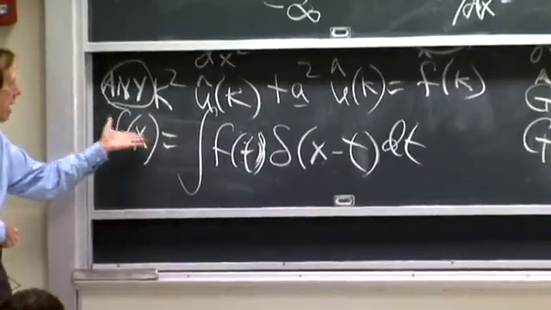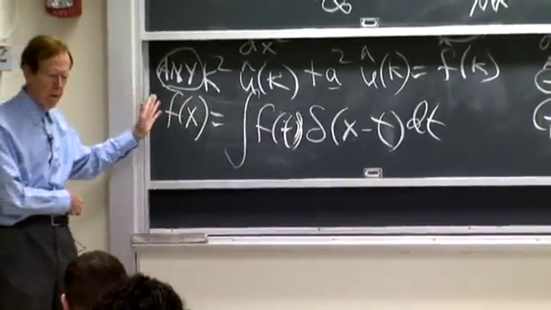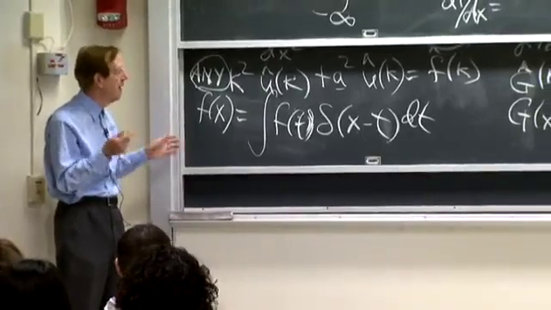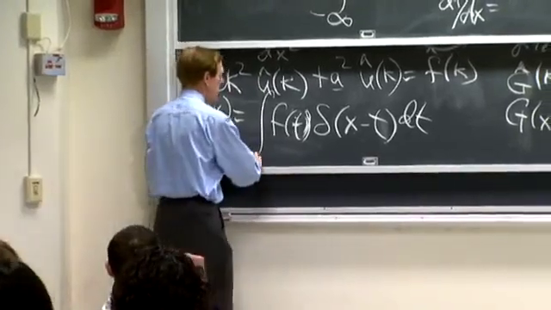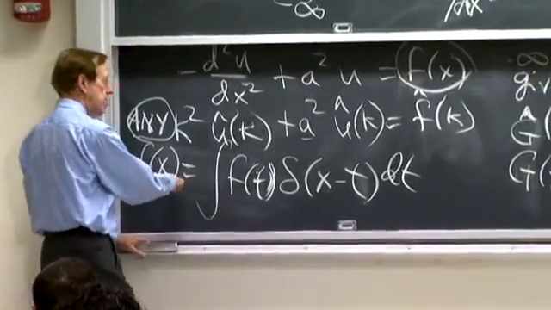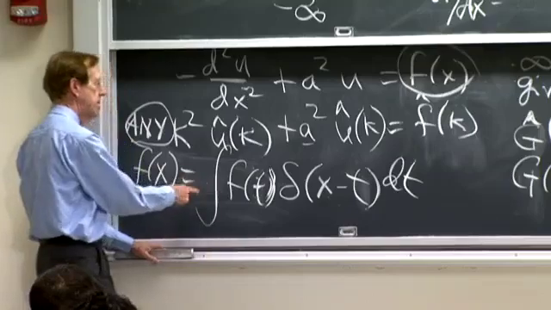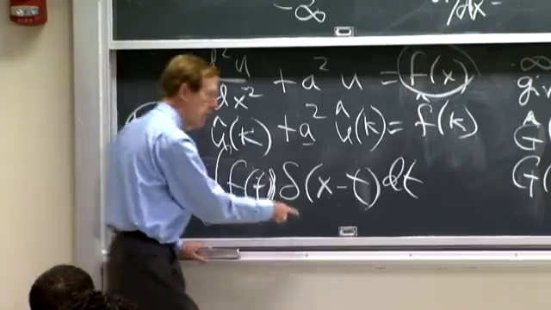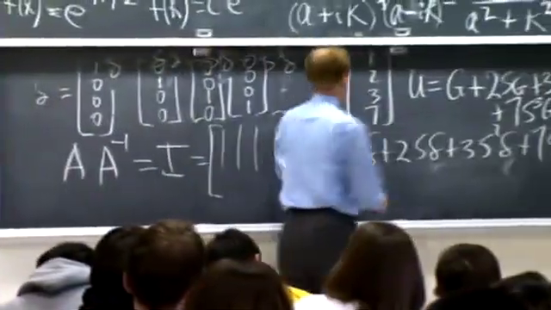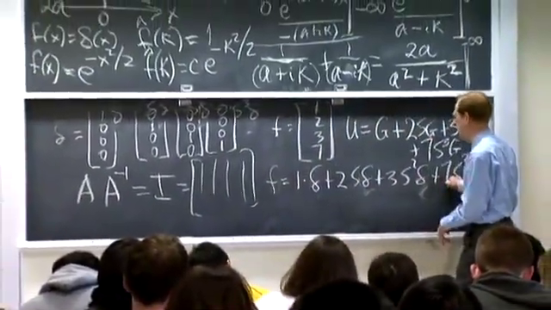So that's an identity or whatever you would like to call it. Let me put it on the board above. So this expressed my f of x as a combination of deltas, just the way over here I expressed 1, 2, 3 as a combination of deltas.